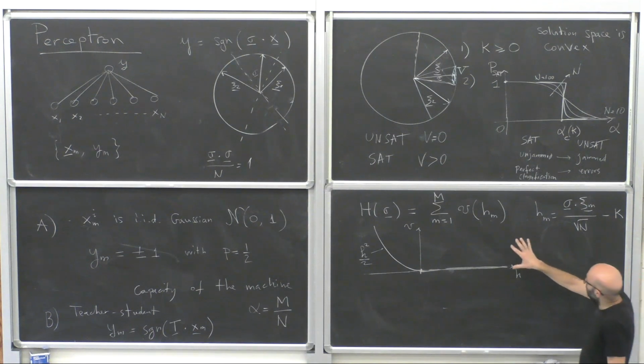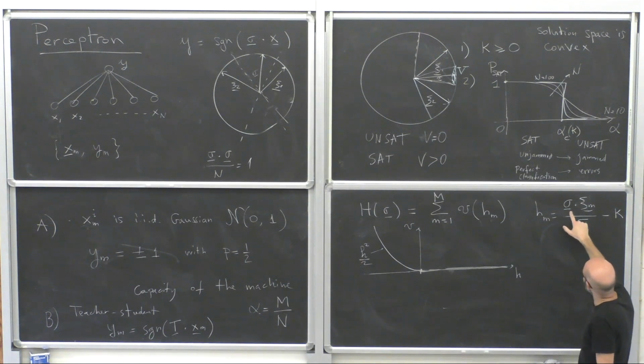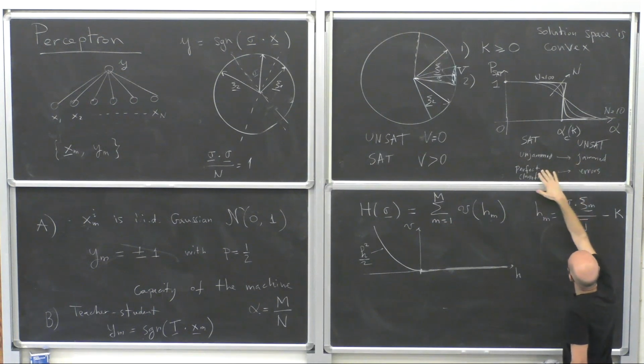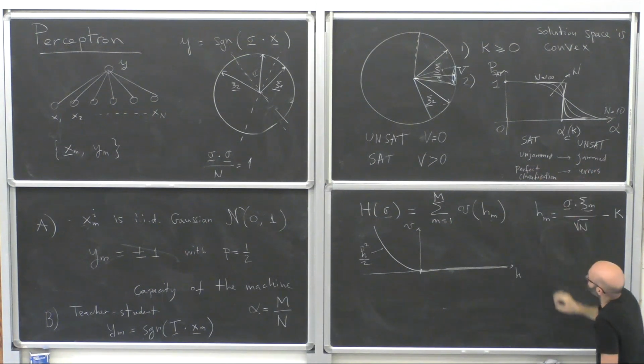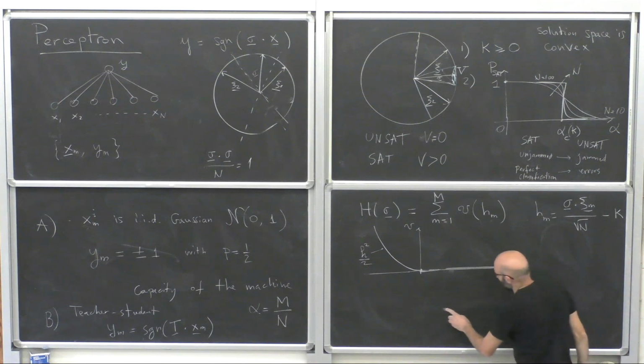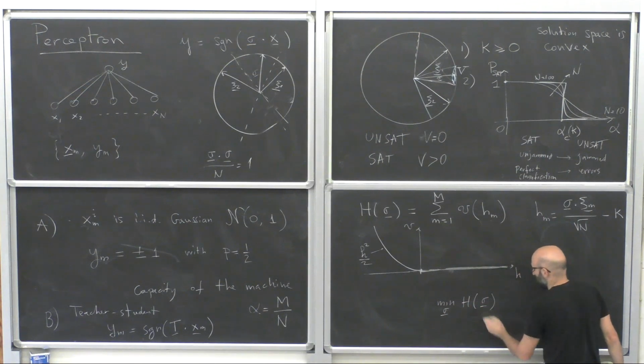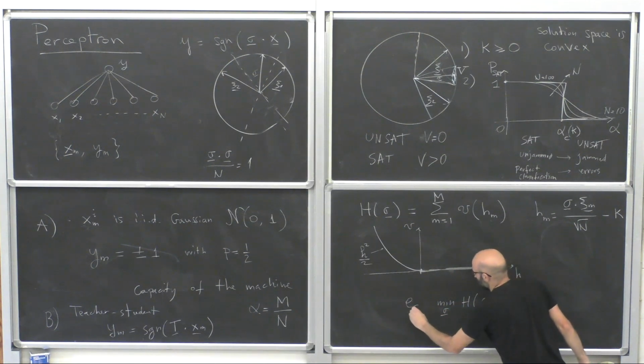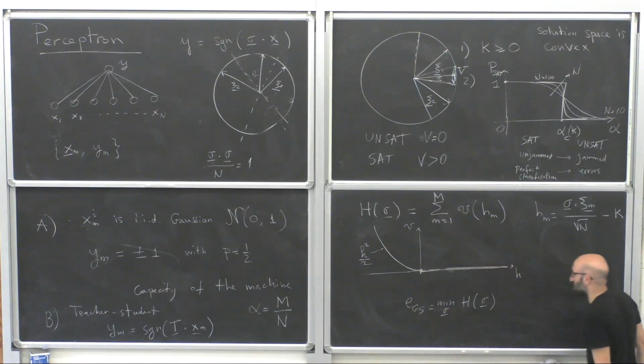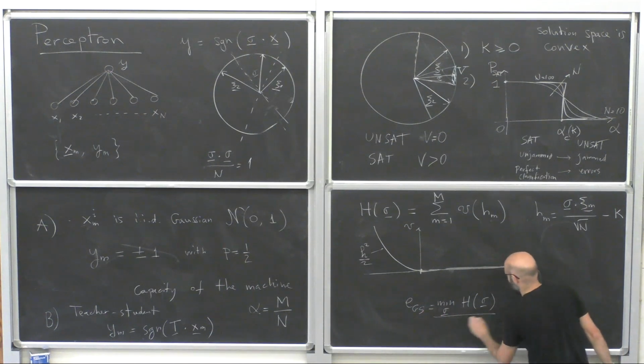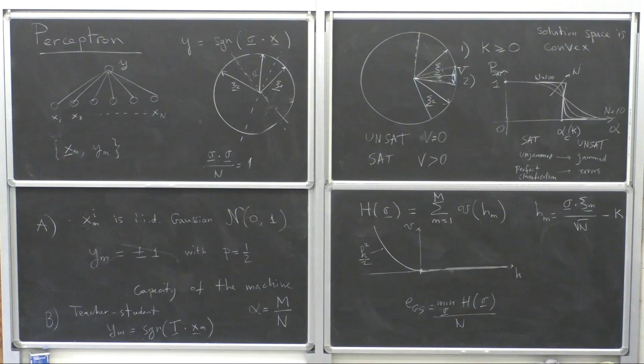So now the problem of describing this SAT-unsat transition is reduced to finding the ground state of H. Let's say the ground state energy, normalized by n.